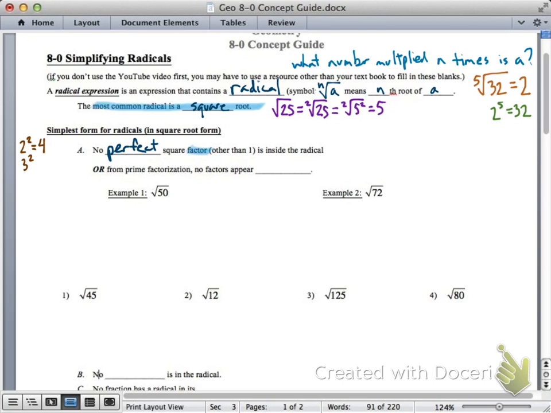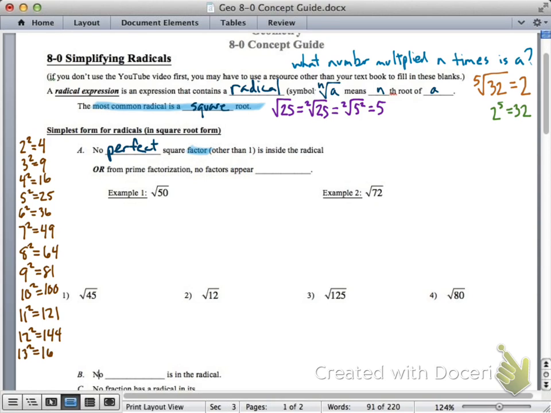Now, what are the perfect squares? 2 squared is 4, 3 squared is 9, 16, 25, 36, 49, 64, 81, 100, 121, 144, 169, 196, 225, etc. 20 squared is 400, is a pretty common one as well. So you can have no perfect square inside a radical, or from the prime factorization form, you can't have any factors appear twice. I'm going to show you what I'm talking about with these examples.